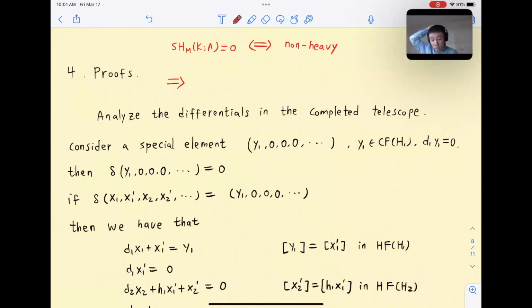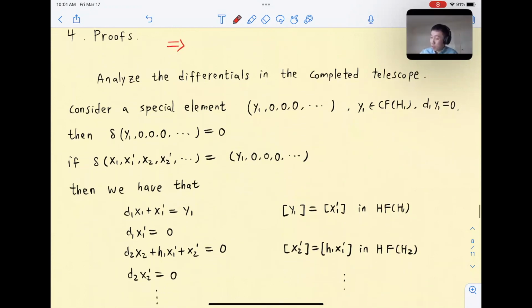As we mentioned, in this big telescope model, the differentials of these telescopes contain all the continuation maps. So therefore, we can look at the differential in this telescope to get useful information from the continuation maps. So let's pick a special element of the following form. Recall our telescope is of the following form.